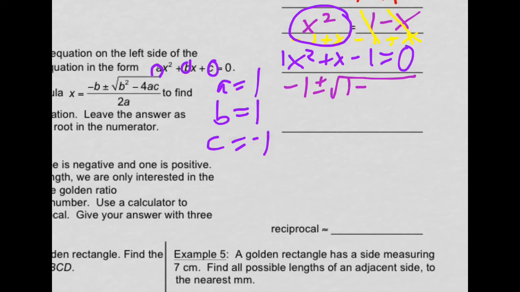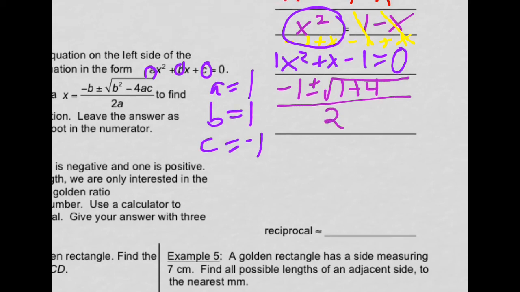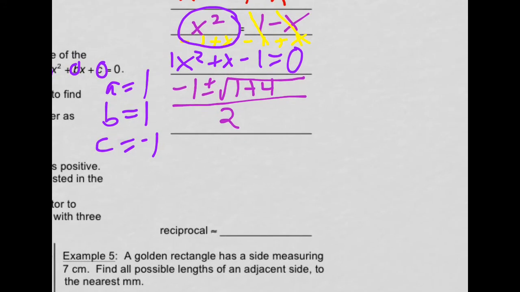And so this negative turns into a positive 4, all over 2a, and of course a is just 1, so all over 2. And so that turns into negative 1 plus or minus the square root of 5 all over 2.